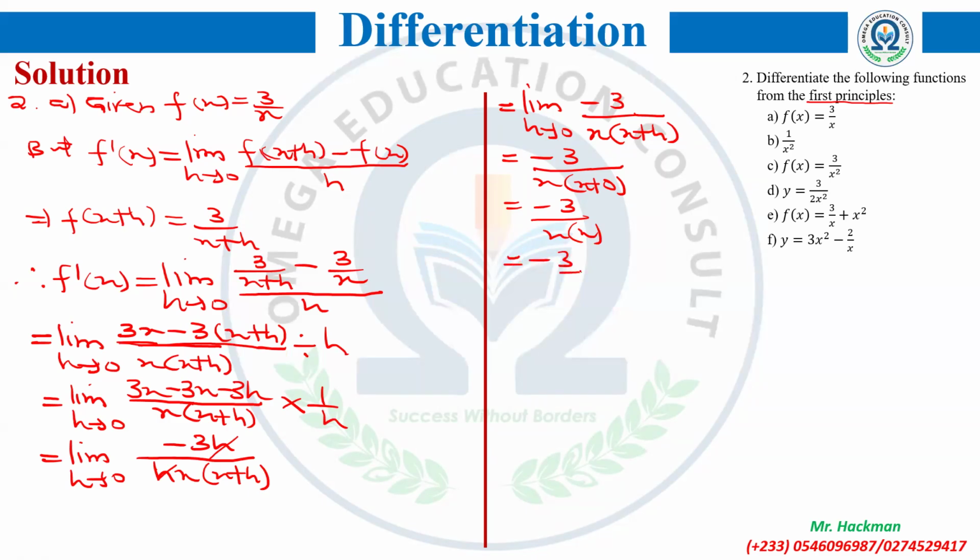So minus 3 over x squared. So this becomes your result in terms of the differentiation from first principles. So it means if you differentiate that function, this should be your result. Is my point well made? Hello, is my point well made?